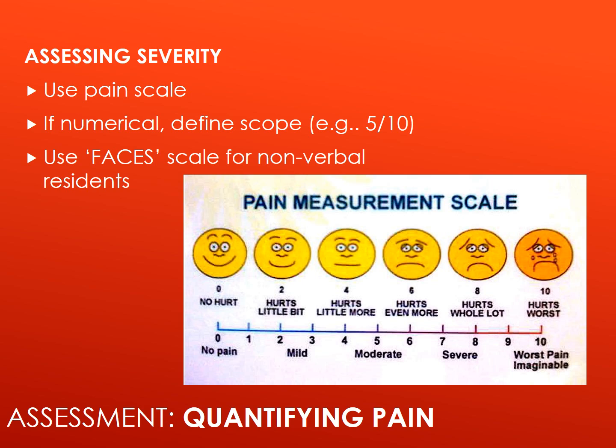Even though pain is a subjective experience, we can quantify that experience by assigning a number from a scale. This allows us to measure pain to determine how bad it is and whether it gets better or worse. It's important that all staff use a similar scale for measuring pain.